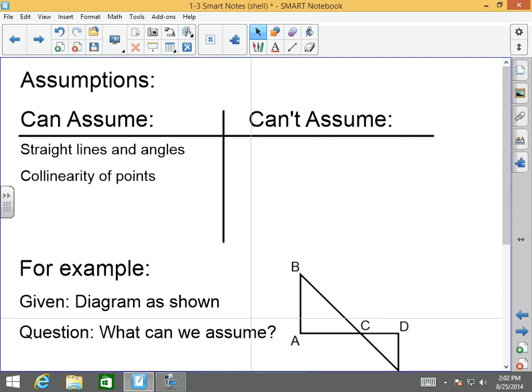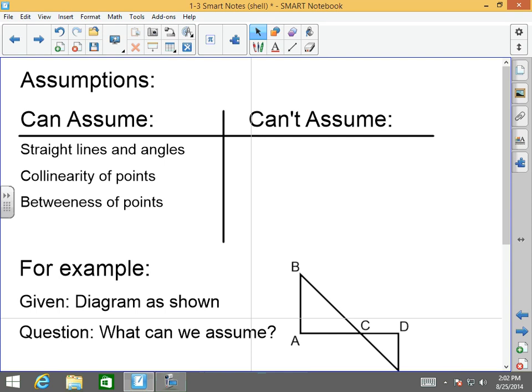Number two, you can assume collinearity of points. It's pretty simple to see. If you see 3, 4, 5, 7, 20 points on the same line, you can already say these are collinear. That's a safe assumption to make. Number three, betweenness of points.